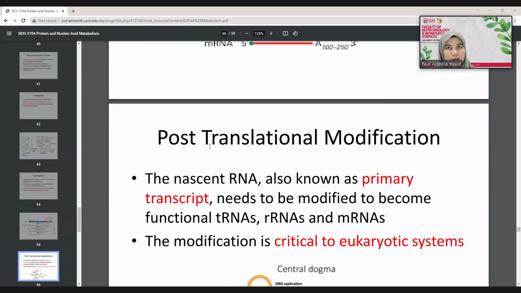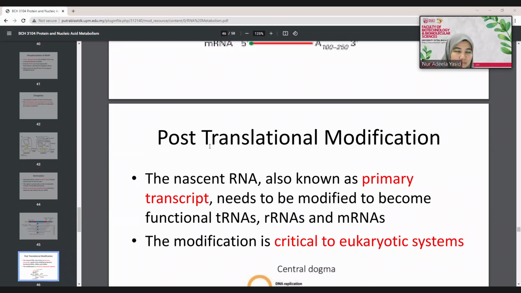So in the eukaryotic system, one thing that makes it much more complex is post-translational modification. It is a process that gives an advantage to the eukaryotic system.